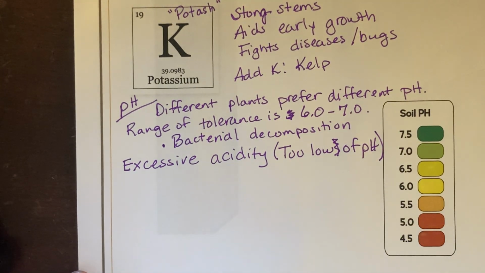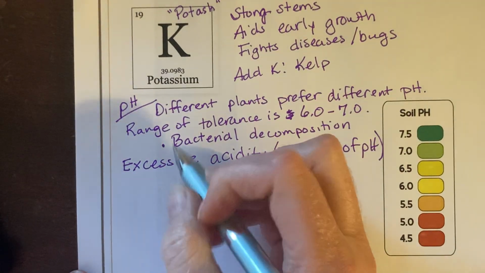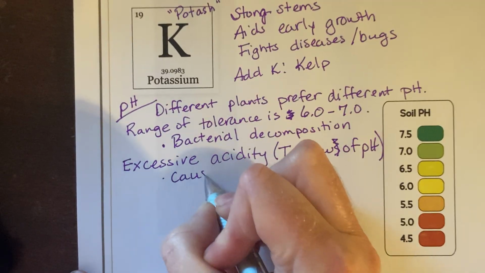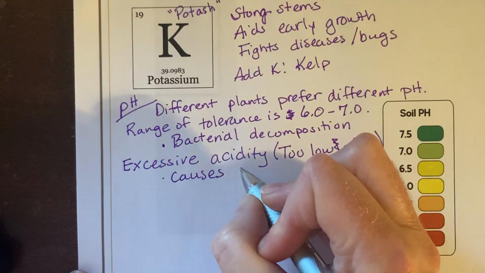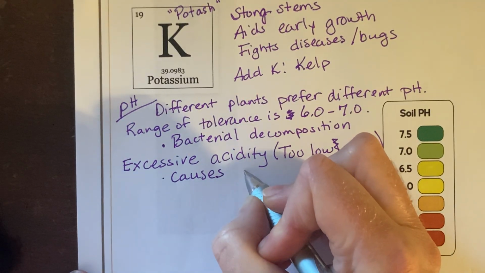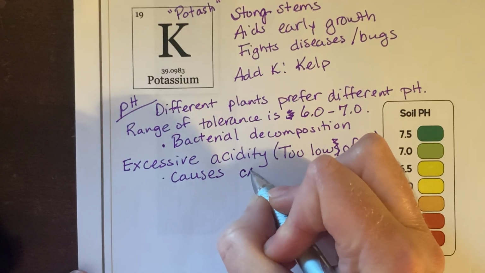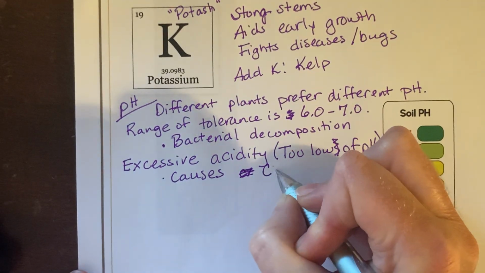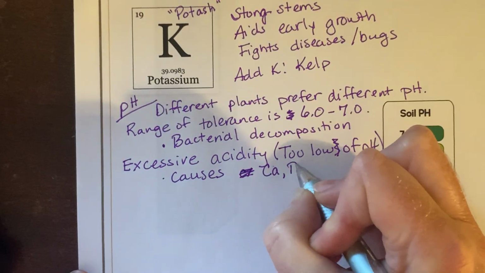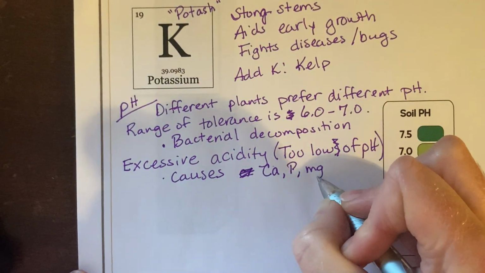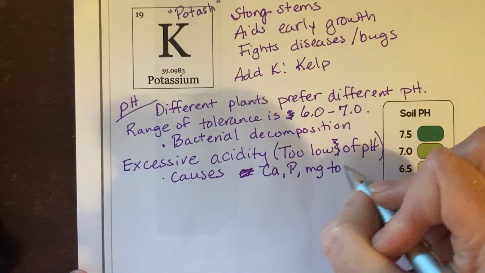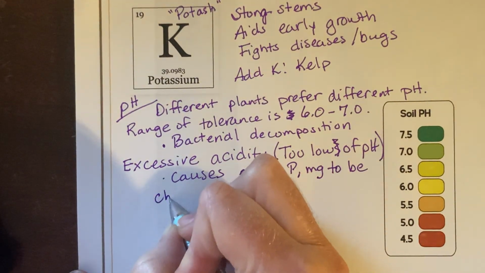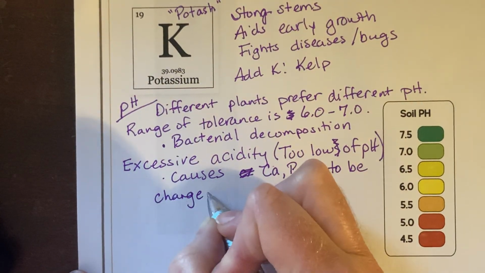The way that we say these is really important, and students get these mixed up a lot. What it does is it causes minerals like calcium, phosphorus, and magnesium to be changed into forms the plant can't use.